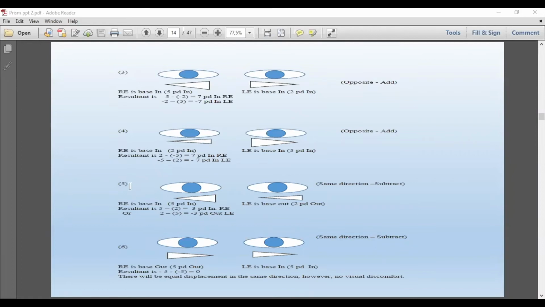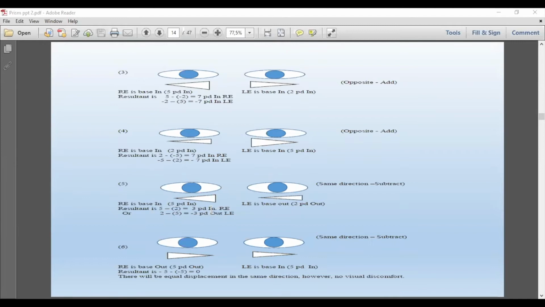Now, in the case of example 5, if I've got 5 in the right and I have 2 out in the left, now they're unequal. You can see they're unequal. So if we now do the calculation, you'll see the resultant for the right eye is 5 minus 2.